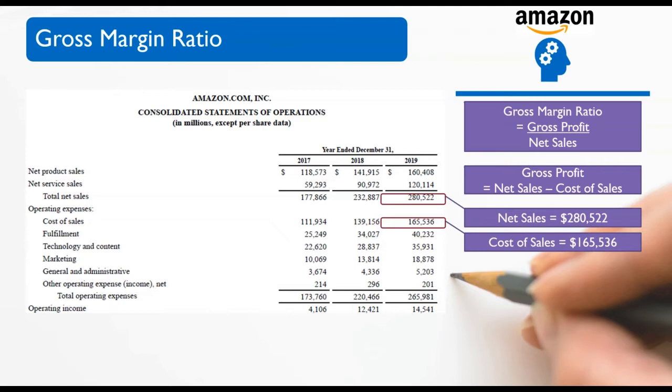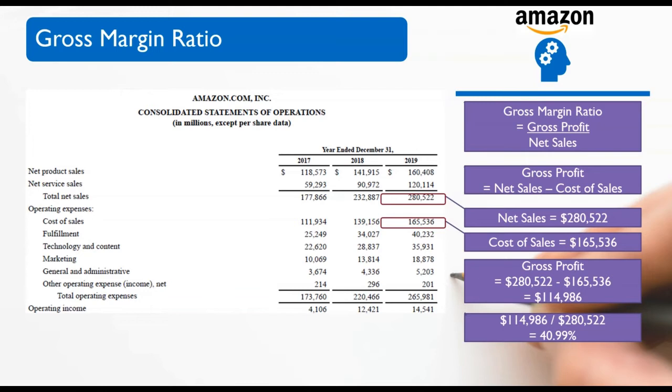It also had cost of sales of around $165.5 billion. Taking the difference between these two, we come up with a gross profit amount of $114.9 billion, or a little under $115 billion of gross profit.